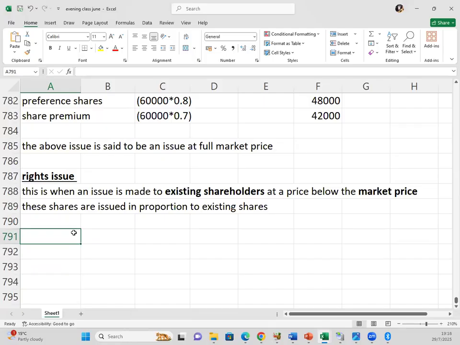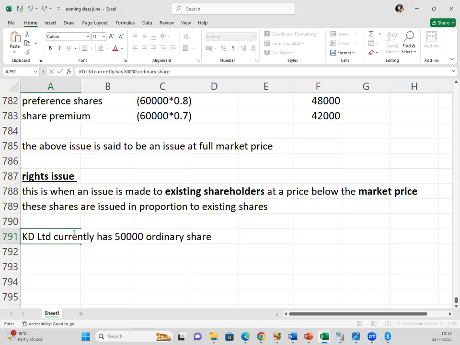So let's have an example to demonstrate this. KD Limited currently has 50,000 ordinary shares. The company decided to make a bonus issue.